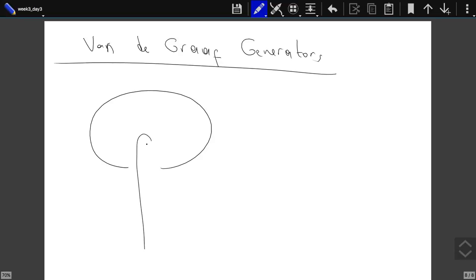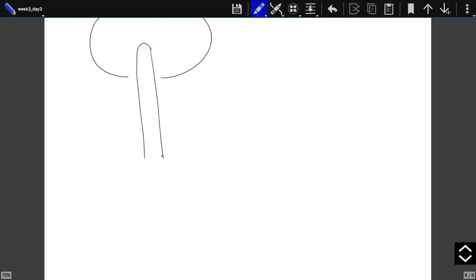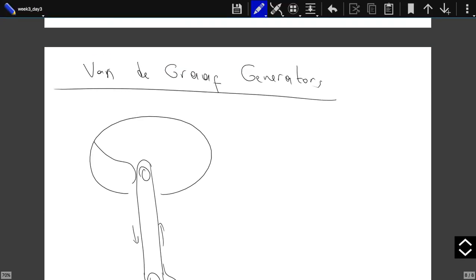There is a belt, a mechanical belt that just rotates, and there are brushes here and also over here. Brushes just means you take a wire and make sure that it touches this insulating belt.